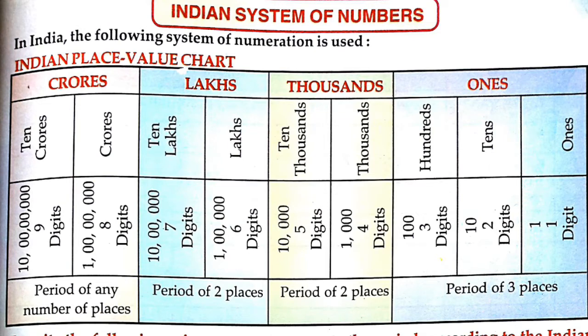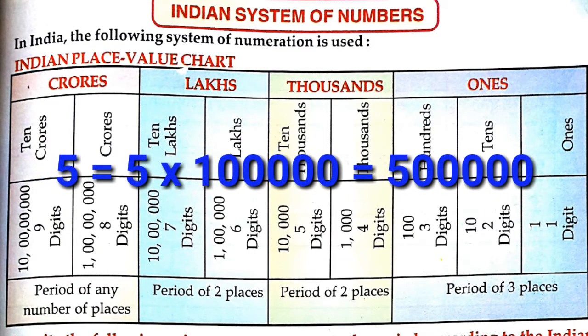Then the next period is the lakhs period. There are also two columns. First is the lakhs column and second is the 10 lakhs column. If a number is in the lakhs column, the place value is that number into 1 lakh. If the number 5 is in this column, the place value is 5 lakh.